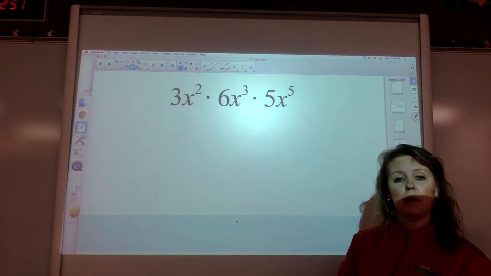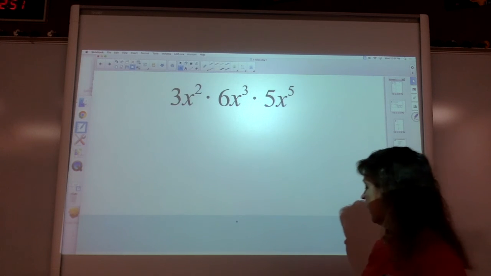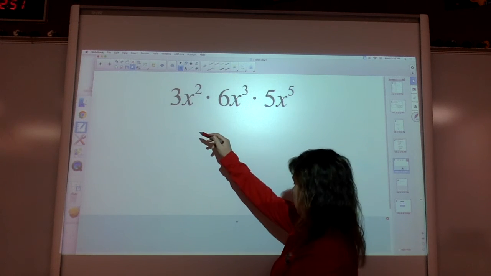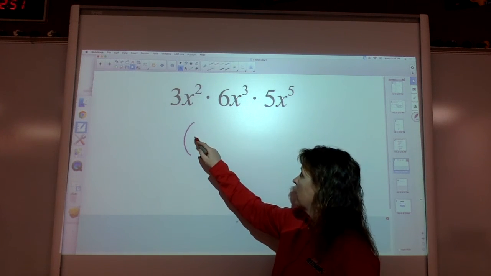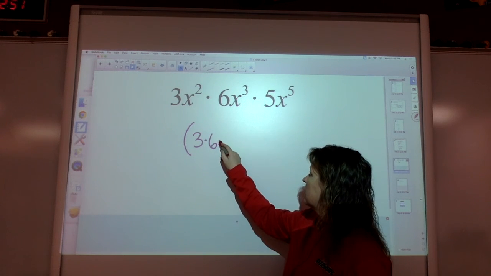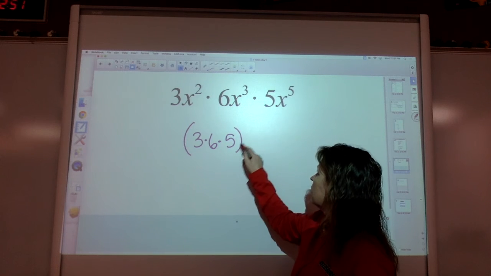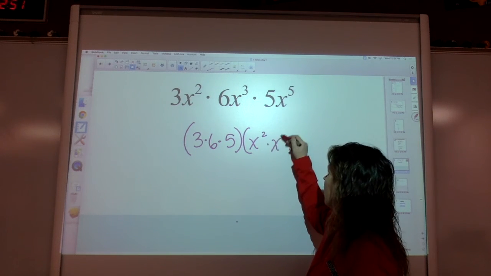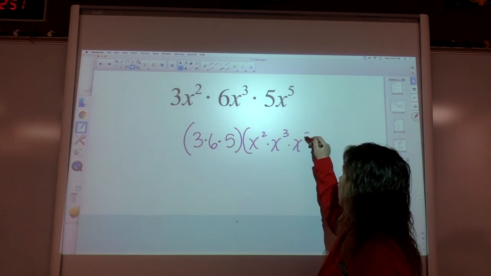Maybe a little bit bigger community. We want more people living in there. We are going to take 3x to the squared, or 3x squared, and split it up into 3 times 6 times 5. And over here, x squared times x cubed times x to the 5th.